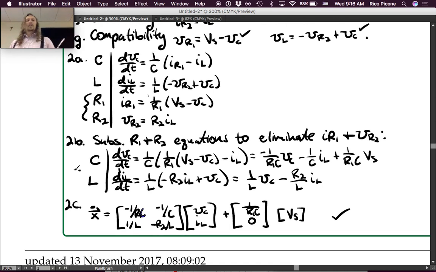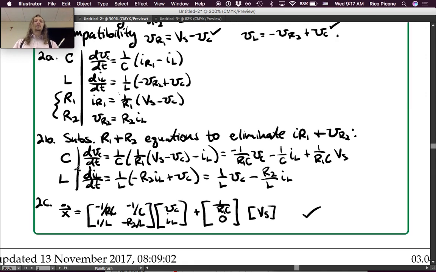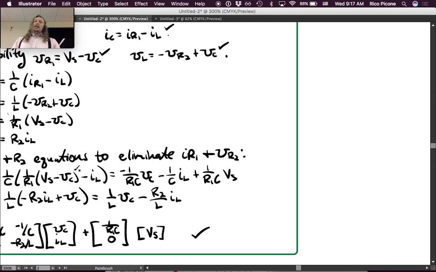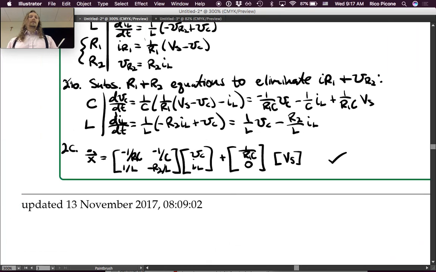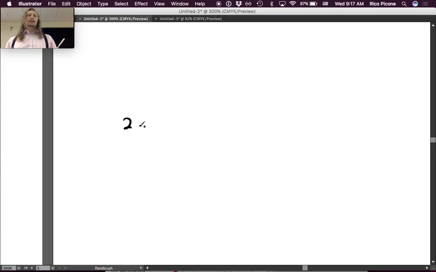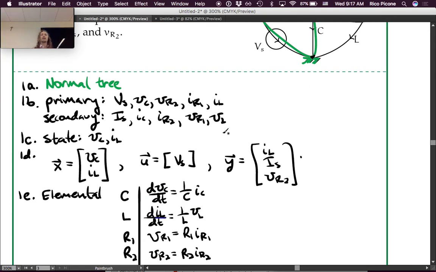All right. So now we need to do 2D and 2E, which have to do with the output equation. I'm just going to come over here. There's a blank spot over here. And let's do, what did I call it? D and E. So 2D is to write the outputs in terms of state and input variables.